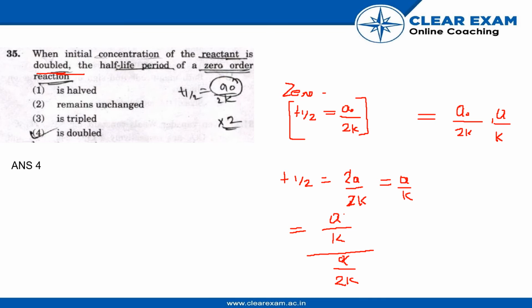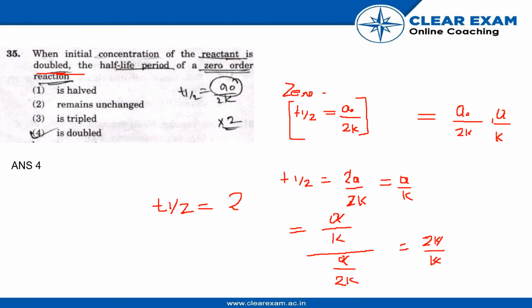We can see A will get cancelled out and it will become 2K upon K, which will also get cancelled out. So the half-life of the reactant will get doubled.